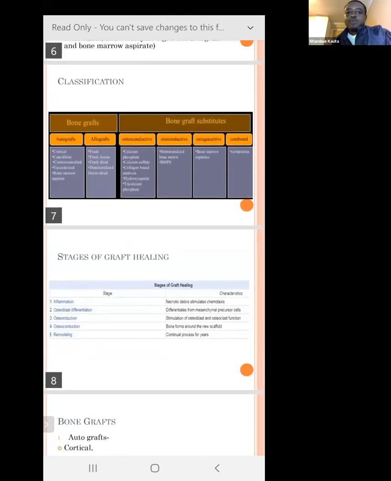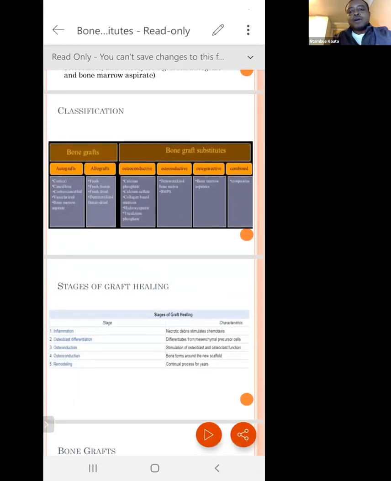So it's a whole family of all those proteins that play a role in stimulating undifferentiated pluripotent cells into becoming bone-forming cells. Okay. Yeah.